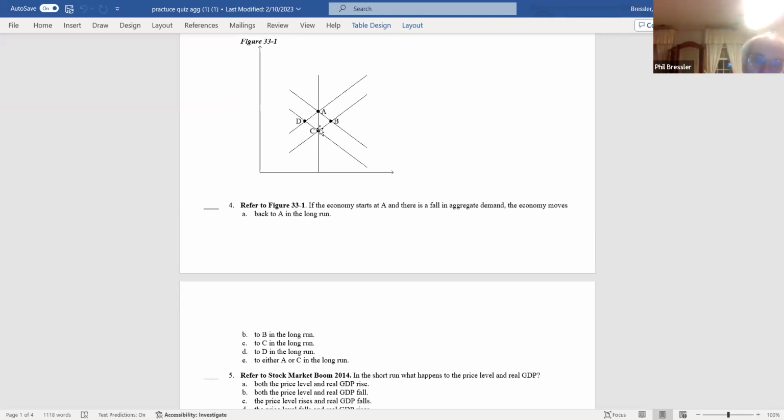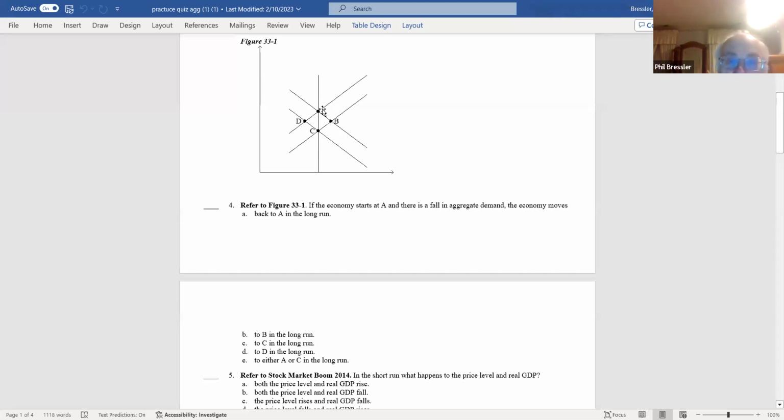Now, you've got to be wary that they could start us at C, say income doubles in the United States. It would be B would be the answer in the short run. AD would shift right. And then in the long run, you'd go to A. Okay. You could have also had, if the economy saw today a fall in aggregate demand, in the short run, you'd be at B. You've got to make sure where you're starting from and whether you're in the short or long run.